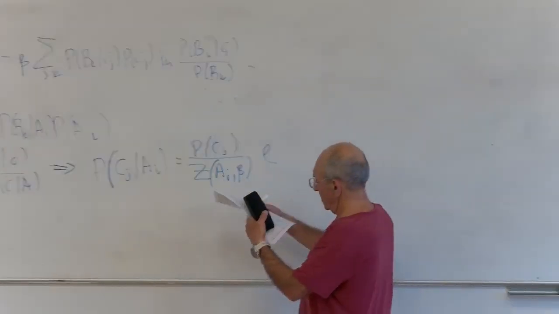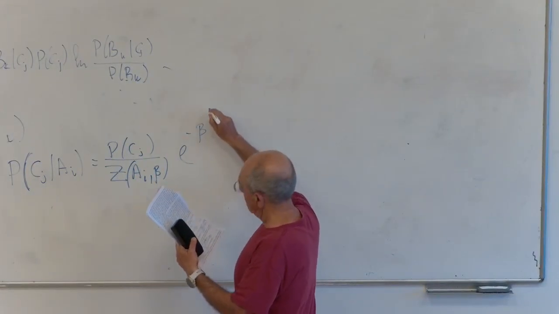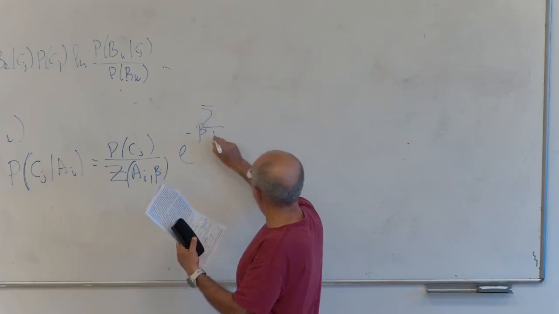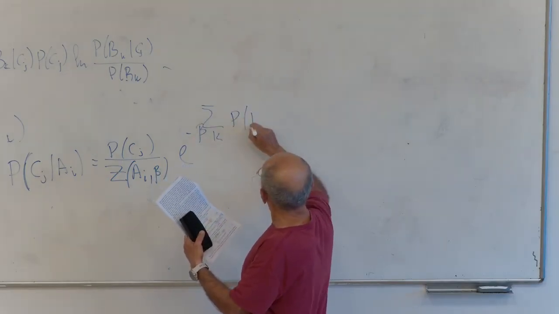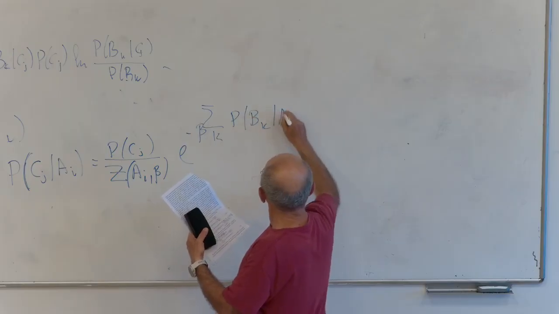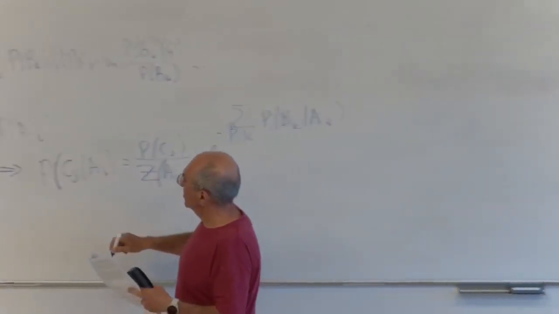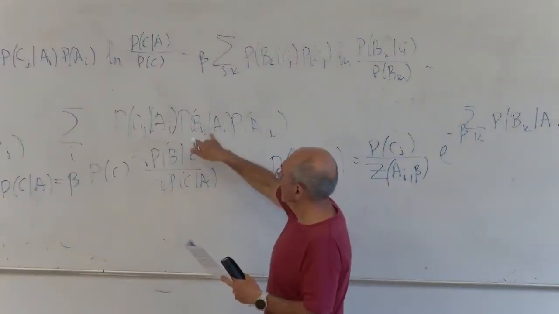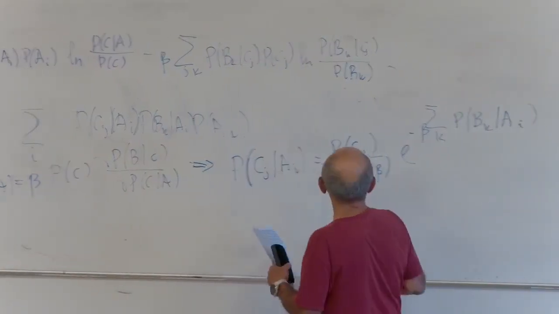And what stands here is minus beta sum over all k, and this is P of B k given A I, which comes from this formula. So you differentiate with respect to this, and it comes over here.